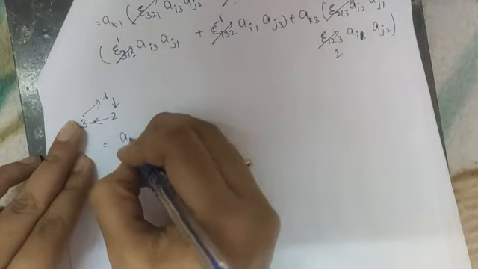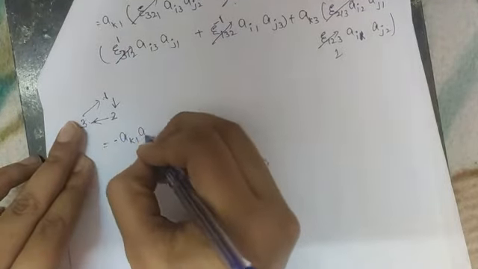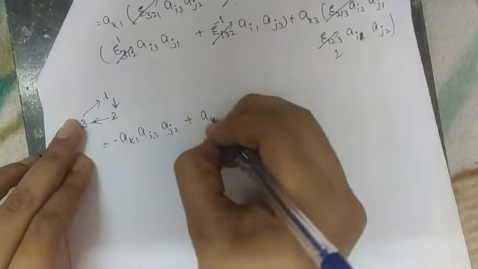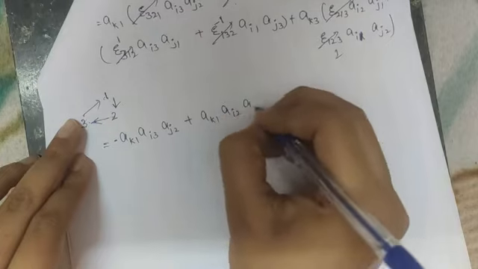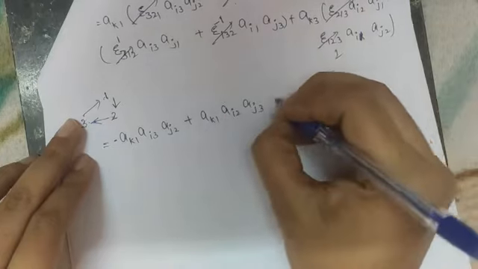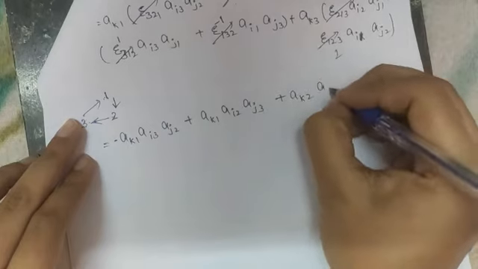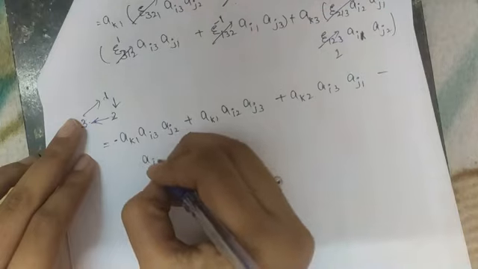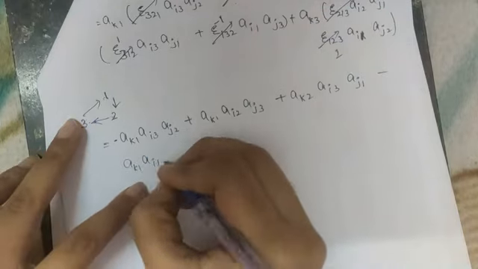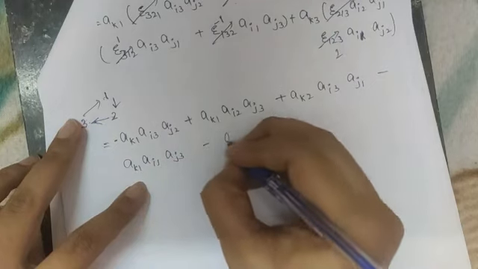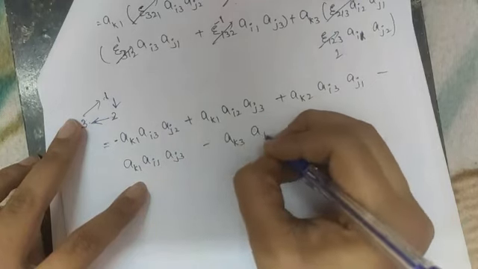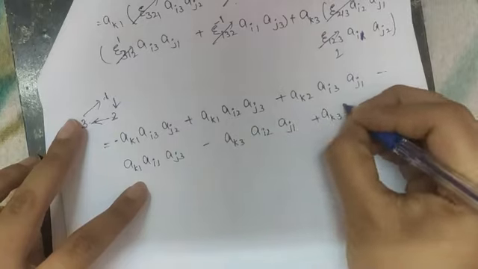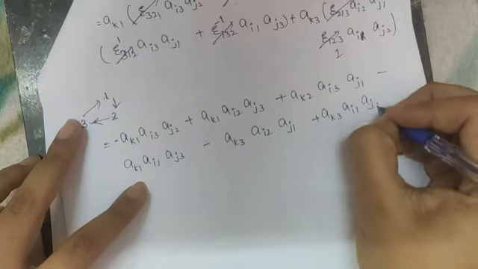So you will get minus AK1 AI3 AJ2 plus AK1 AI2 AJ3 plus AK2 AI3 AJ1 minus AK2 AI1 AJ3 minus AK3 AI2 AJ1 plus AK3 AI1 AJ2.